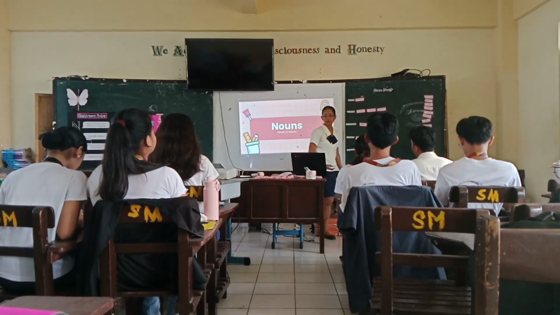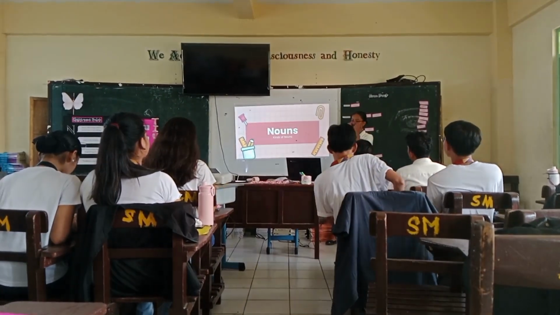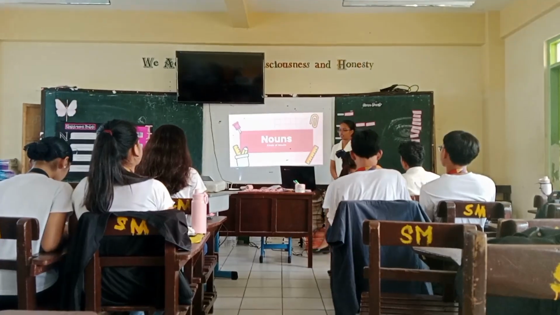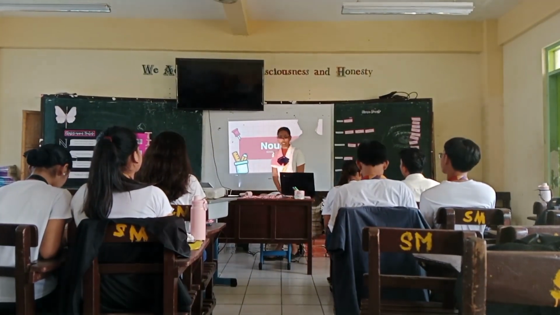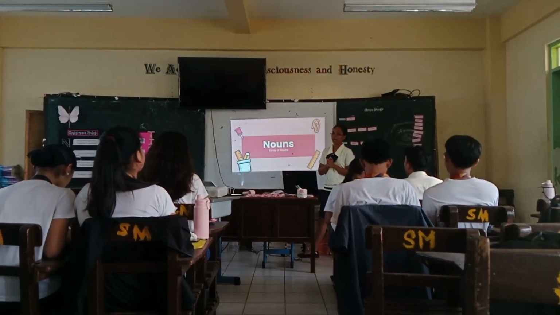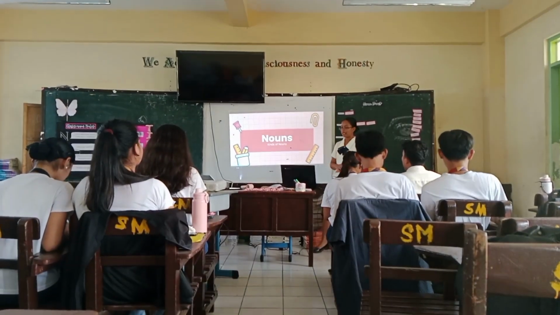You might be surprised to learn that nouns don't just name people, places, or things, but they also come in different kinds. This helps us describe things more specifically and clearly.